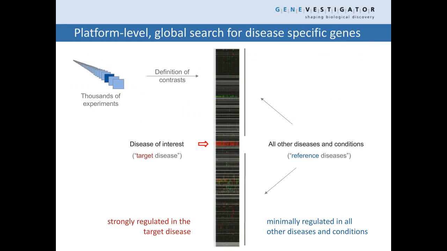So what we try to do here is to answer the question, how can we find genes that are really specific for a particular disease, and minimally in the sense that they are strongly regulated in the target disease, but they are minimally regulated in all other diseases and conditions.